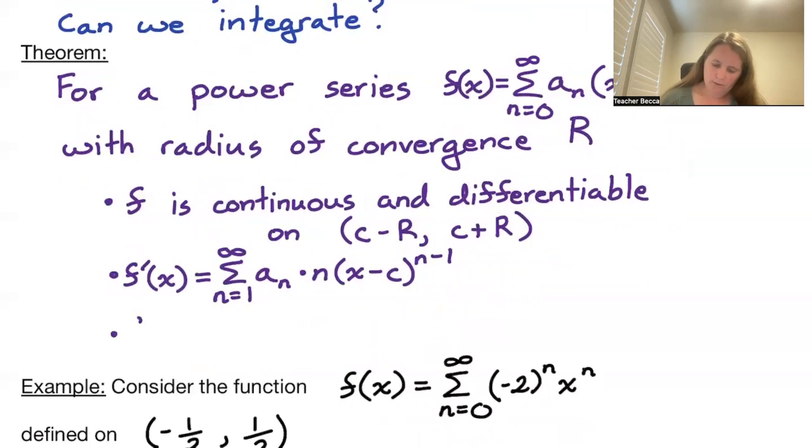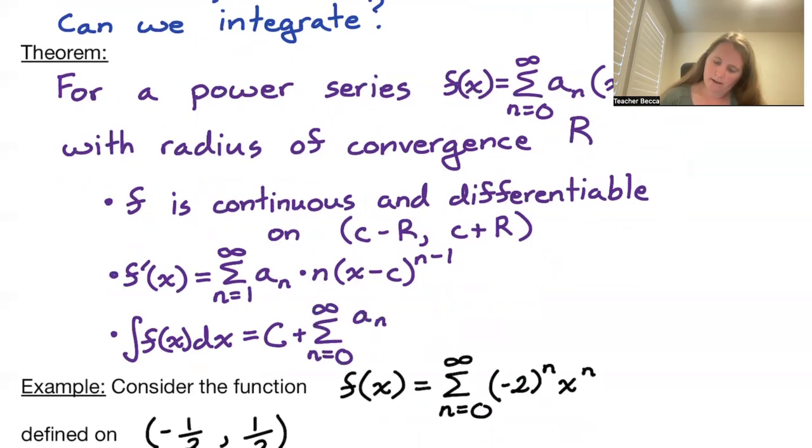So the integral of f of x dx, the indefinite integral, is some constant C plus the sum from n equals 0 to infinity of a sub n over n plus 1 times x minus c to the n plus 1. So here we can differentiate term by term. We can integrate term by term.